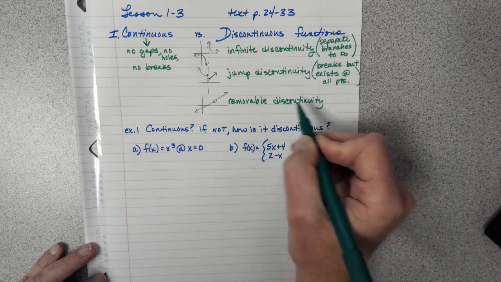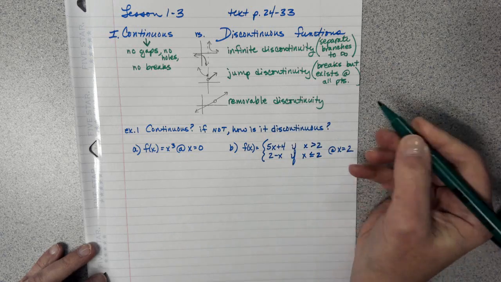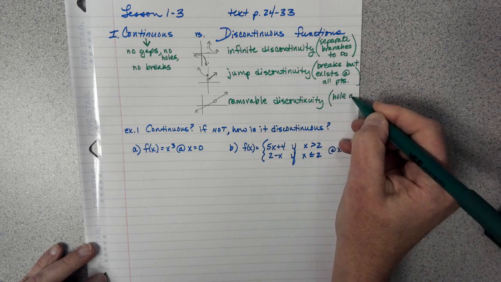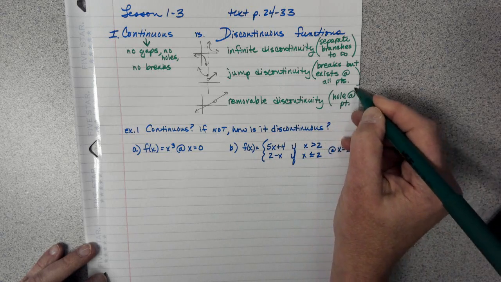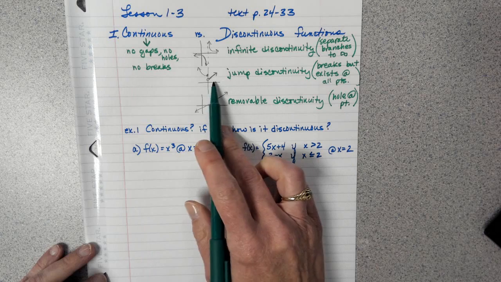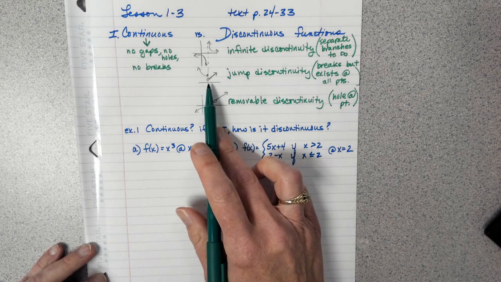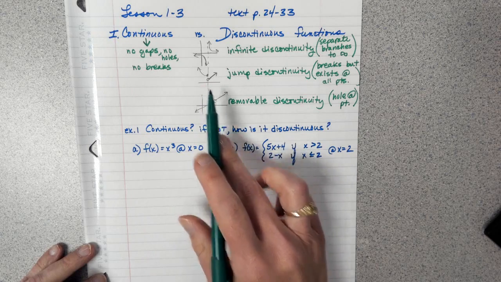So the phrases are pretty self-explanatory. This one has a hole at a point, and so you can remember. This one is probably going to be your piecewise functions when you have those, especially if you are judging the discontinuity or the continuity at a specific point that it has the jump.